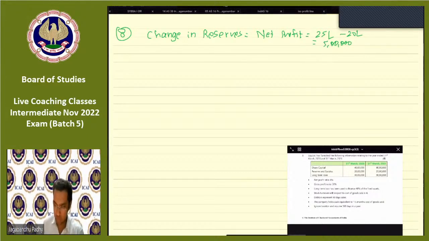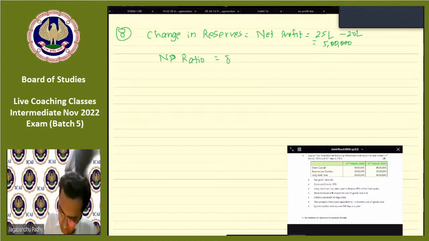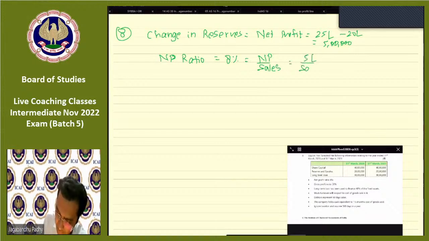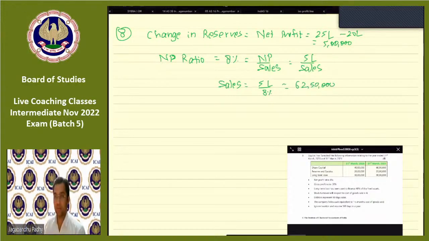Now, this net profit of 5 lakh, when we say net profit ratio 8%, that 8% is basically net profit upon sales. It's equal to 5 lakh upon sales, which will give you a sales value of 5 lakh divided by 8%, 62 lakh 50,000. Then cost of goods sold.